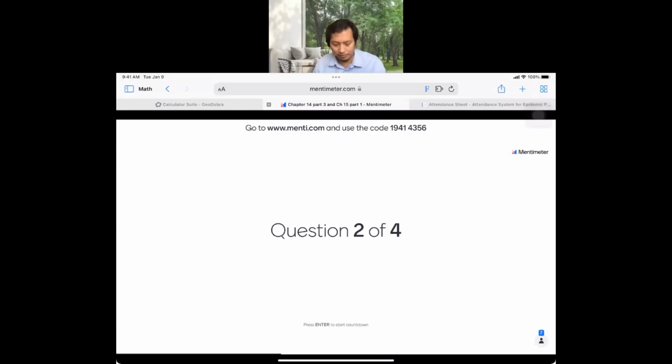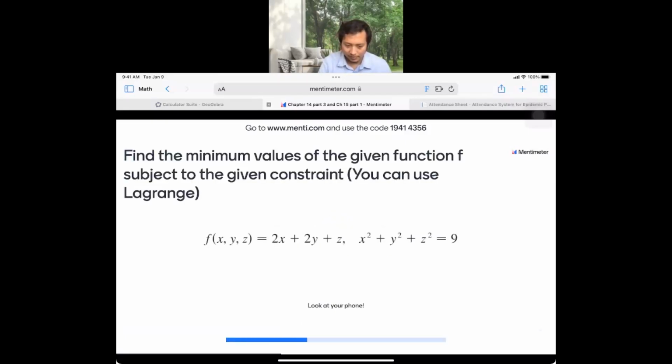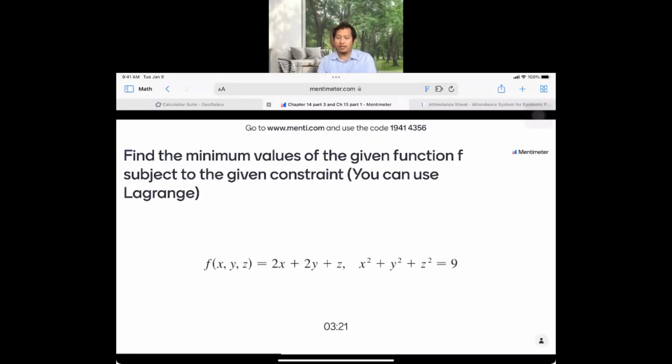Number 2. This should be the Lagrange method.